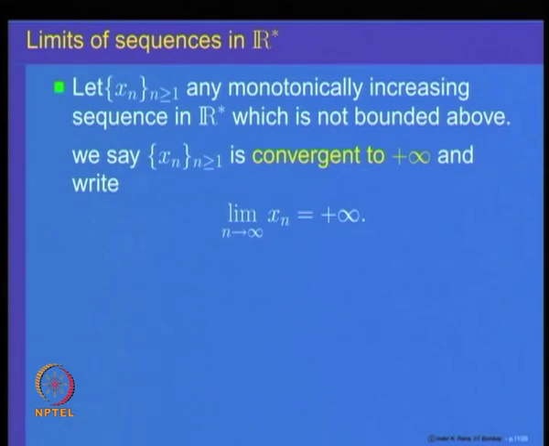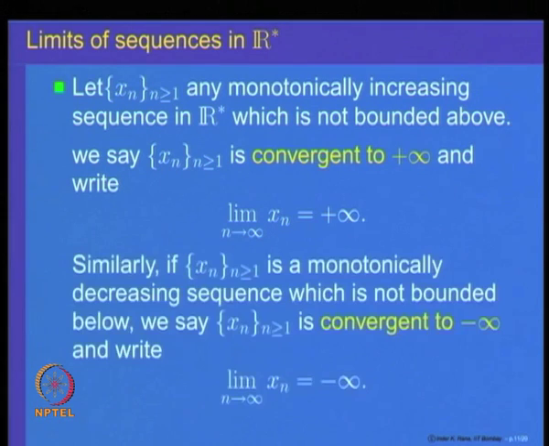This is essentially also what we say when x n is a sequence of real numbers which is monotonically increasing and not bounded above. In that case also we write the limit to be equal to plus infinity. So, for a sequence of real numbers, it is only a symbolic way of saying that a monotonically increasing sequence not bounded above diverges to plus infinity, but as a sequence in R star, it converges to an element of R star, namely plus infinity.